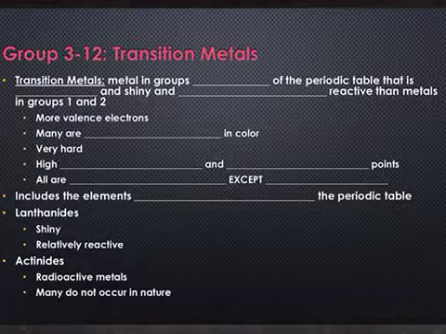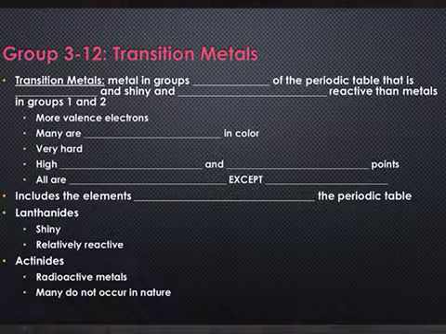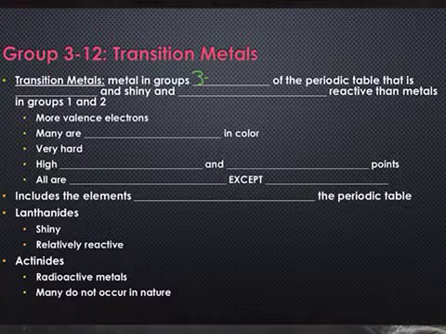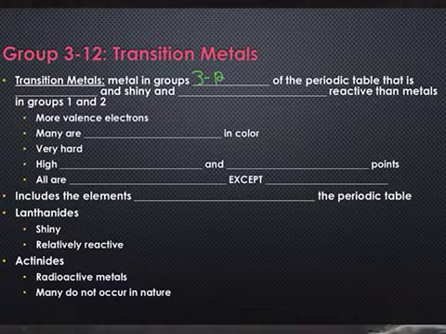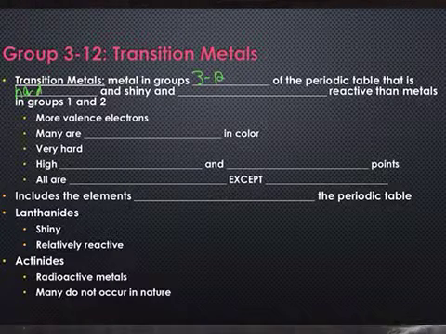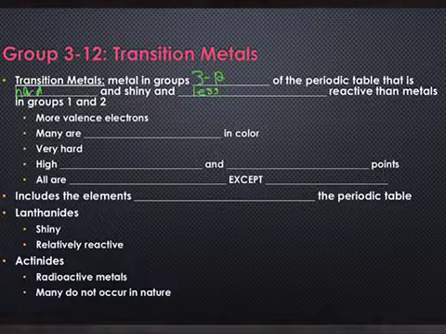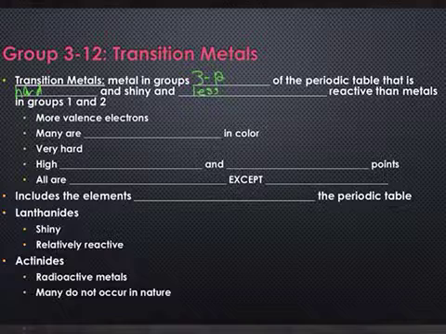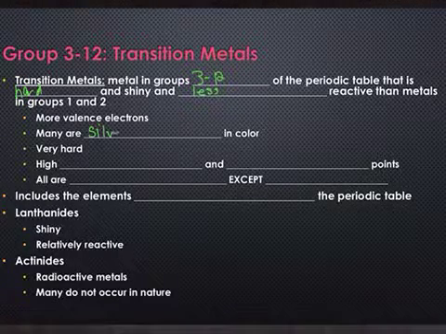Group 3 through 12 is what we call the transition metals, and they are hard and shiny, but they're less reactive than either the metals in group 1 or 2. This is because they have more valence electrons, and many of these are also silver in color.